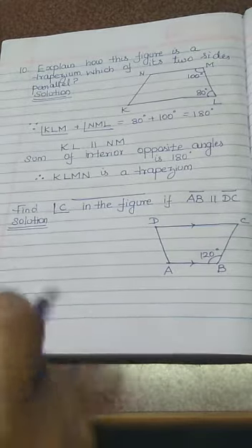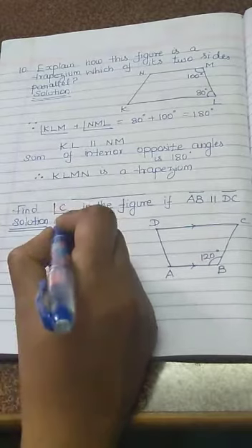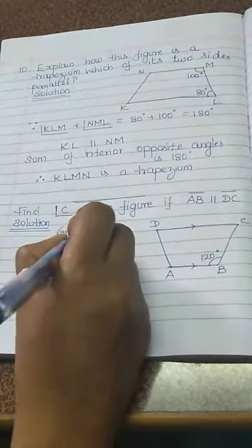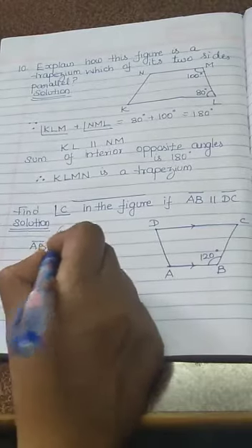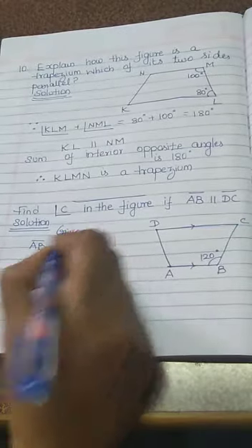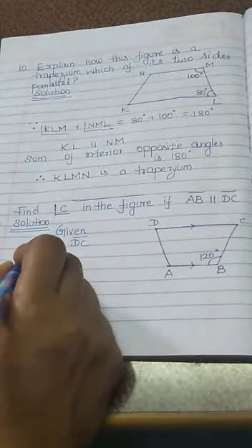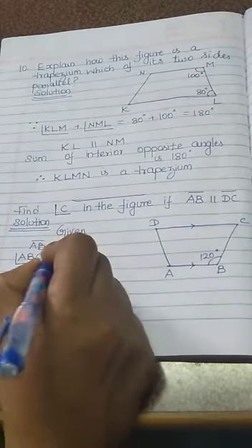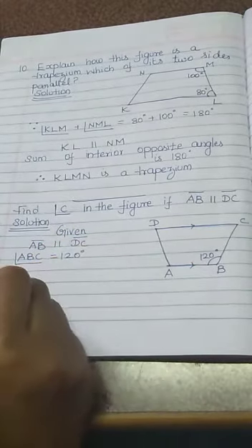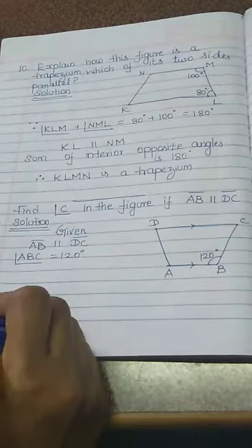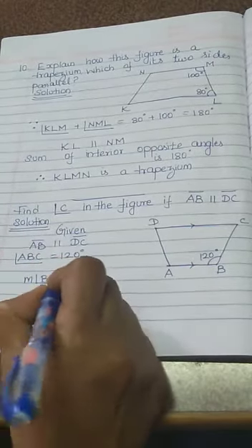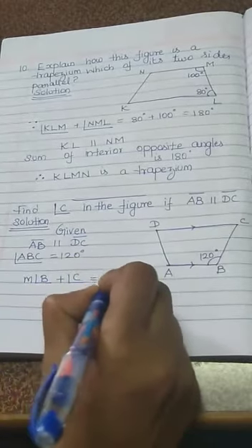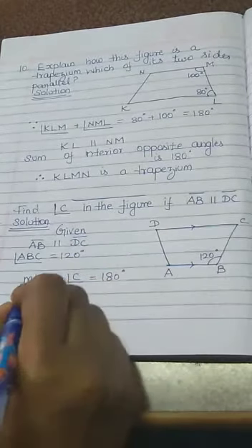Okay. First we have to write the given. Given: AB is parallel to DC. Another one, angle ABC is equal to 120 degrees. We have to calculate the C value only. Directly we have to take angle B plus angle C is equal to 180 degrees. What is the reason?